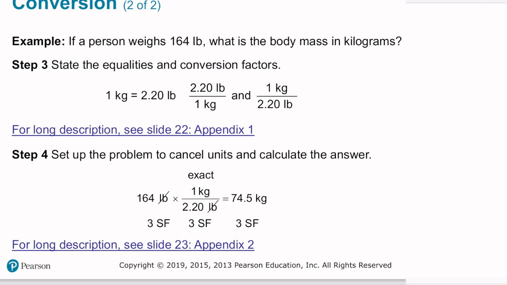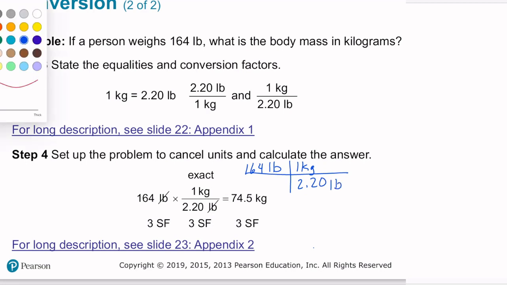So if we start with 164 pounds, and we multiply by the conversion factor, which is an equality, 1 kilogram divided by 2.20 pounds, then we haven't changed the essence of that number. Notice that when we divide pounds by pounds, we get 1. Pounds divided by pounds is 1, and so we can just cancel that out.